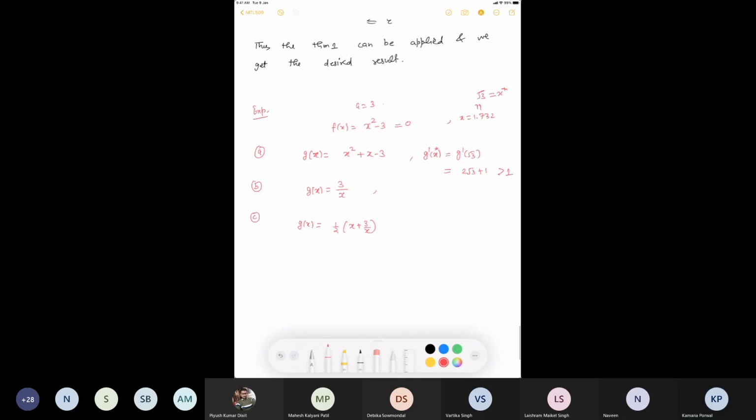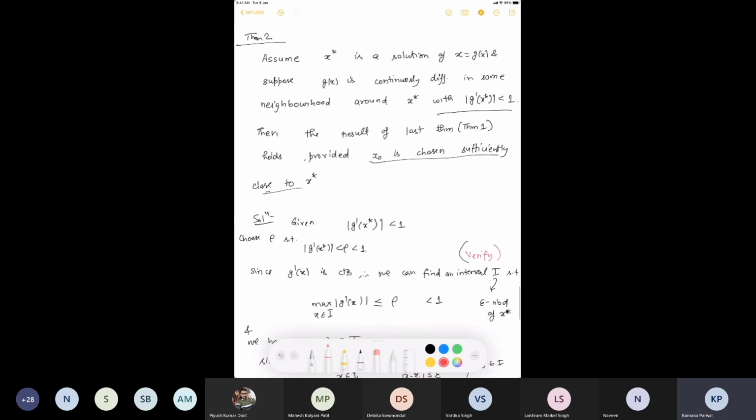Okay. And in this case, what will happen? G prime of the x star is going to be minus 3 divided by root 3 square, which is going to be minus 1. So in this case, mod of g prime of the x star is equal to 1. So what we have proved is that if it is strictly less than 1, then the convergence is guaranteed, right?